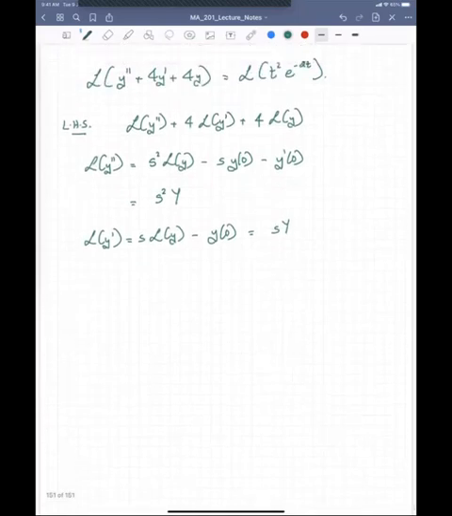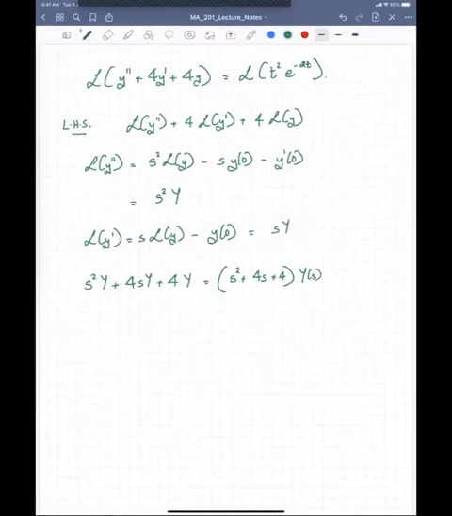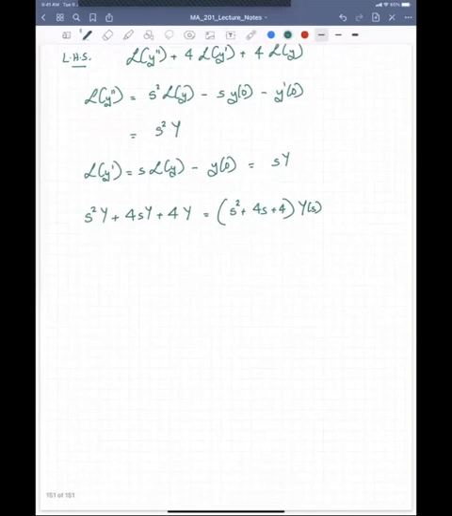So put everything together, the left-hand side becomes s squared Y plus 4sY plus 4Y, which I can write as s squared plus 4s plus 4 times the Laplace transform of y, which is capital Y, which is a function of s, remember.